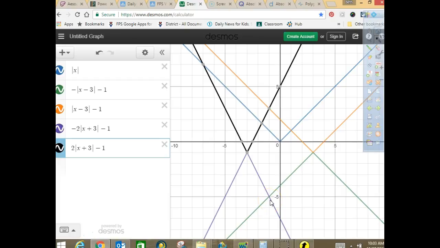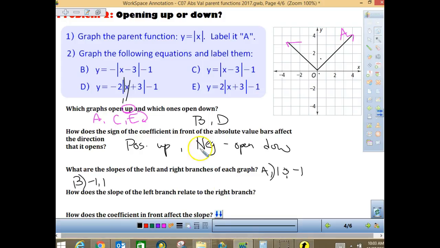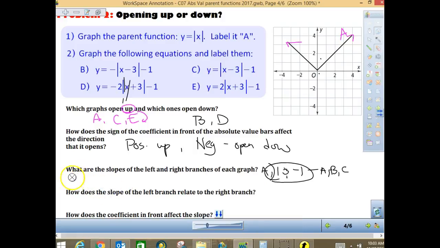So when you are asking those questions, if we were looking at that in our homework, in our notes, A, B, and C all have slope of 1 and -1, right? That's for A, that's for B, that's for C. If we are looking at D and E, both branches when we looked at those had slopes of 2 and -2, right?